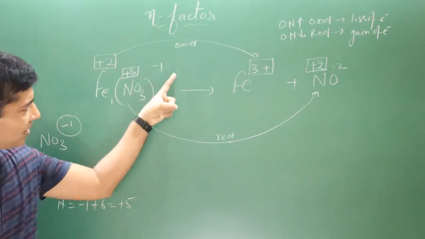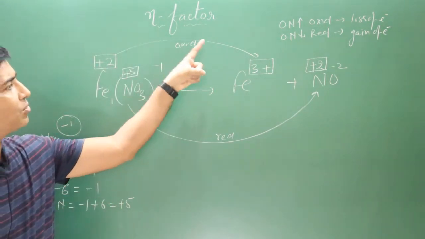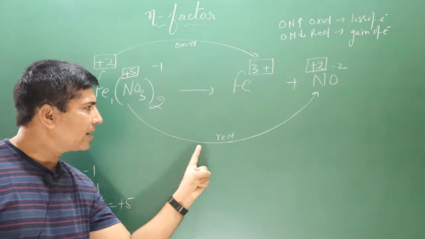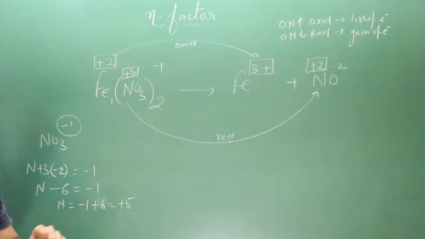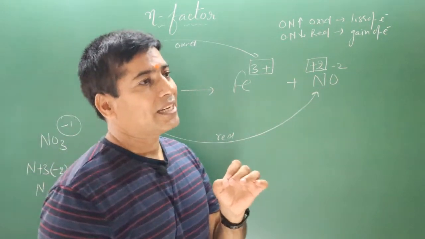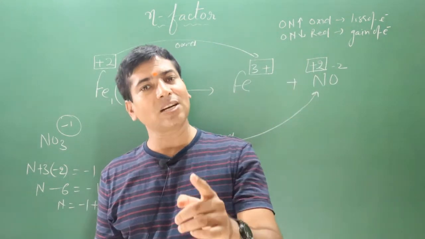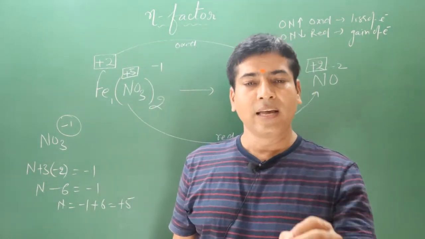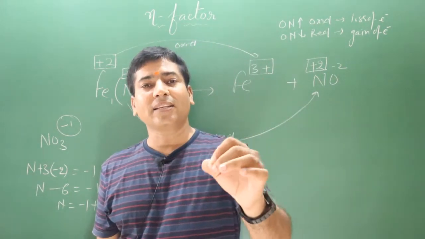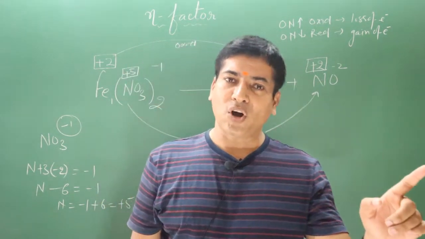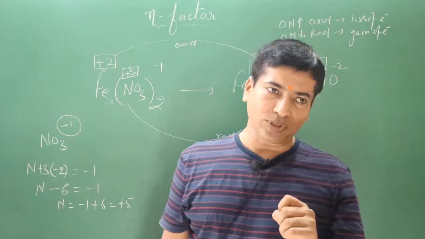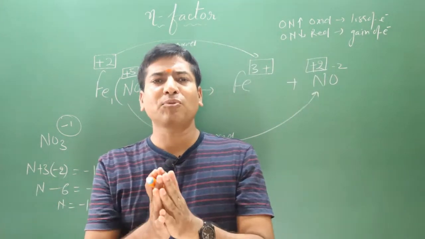In the same reactant, one element undergoes oxidation and another element undergoes reduction, so we say it is an example of an intramolecular redox reaction. An intramolecular redox reaction is a reaction in which, in a given reactant, one element undergoes oxidation and another element undergoes reduction.